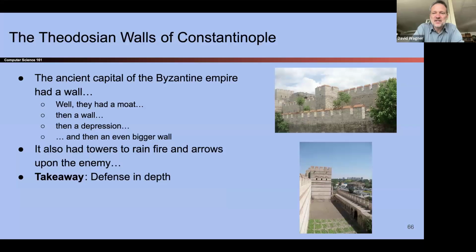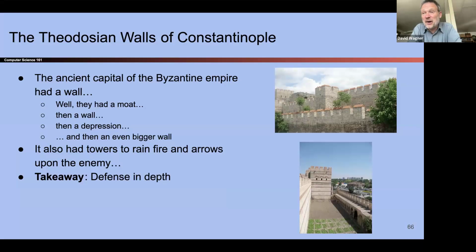All right, let's do another example. This one's a physical security example. In the old days, people used to build castles to protect their city. They'd make these giant, sturdy, tall walls so they could hide everybody behind the walls if they got attacked by an opposing army. And not just a wall, often there'd be a moat, a ditch with water, to make it hard for people to come up to the wall and start trying to hammer away at the bricks.